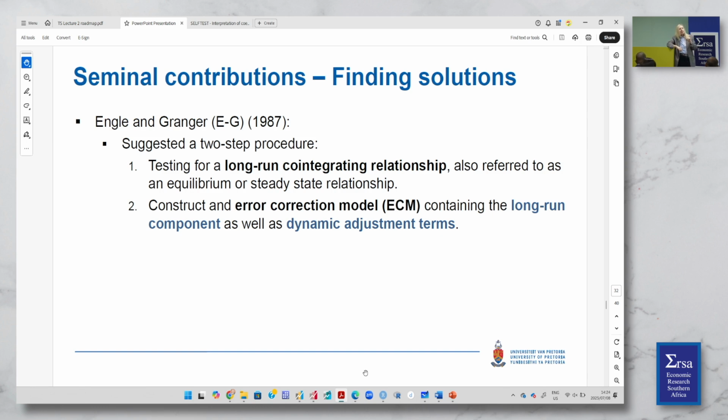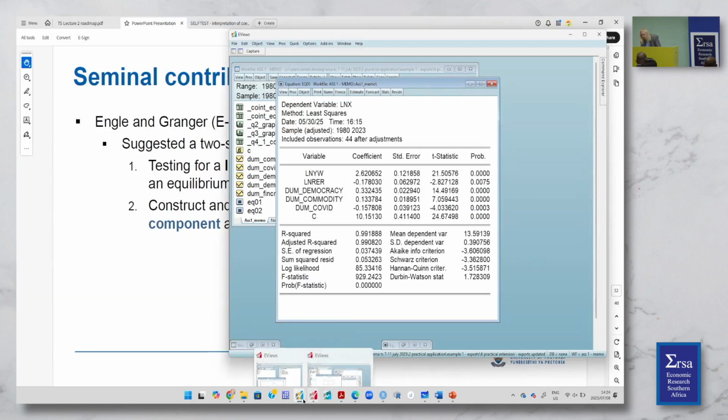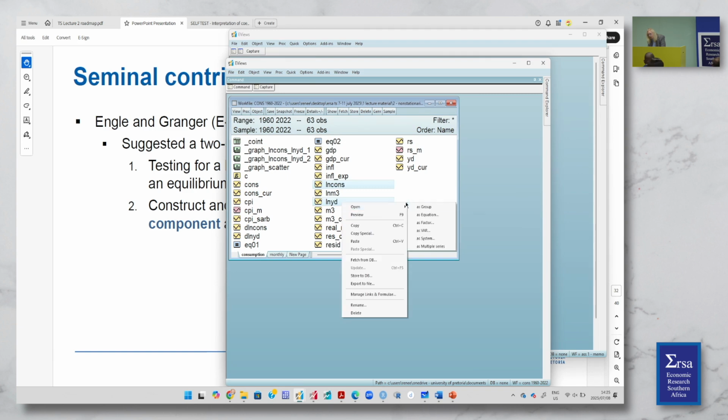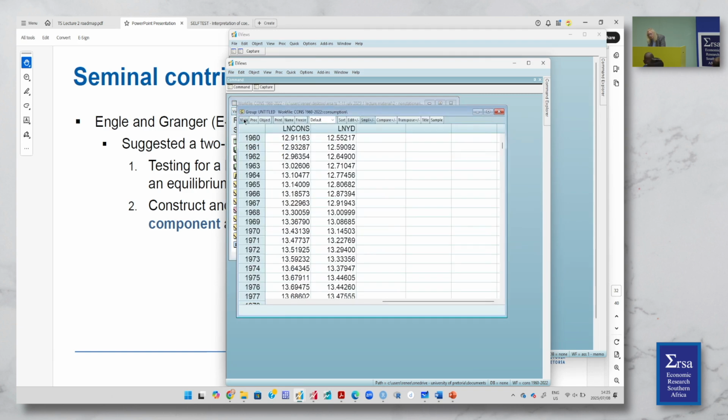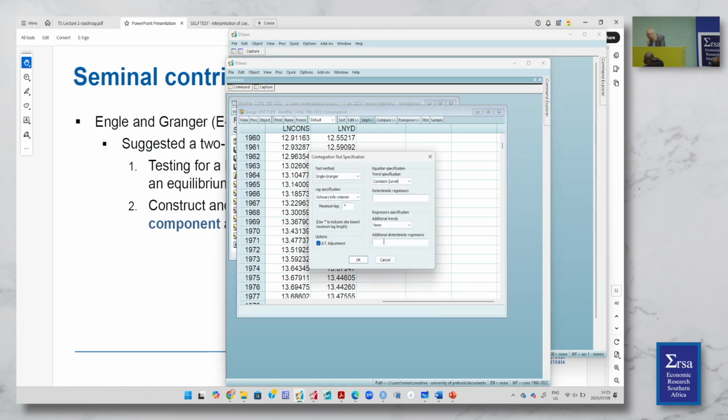Typically what we want to do is take consumption and income. Those two variables we want to open as a group and test for co-integration.